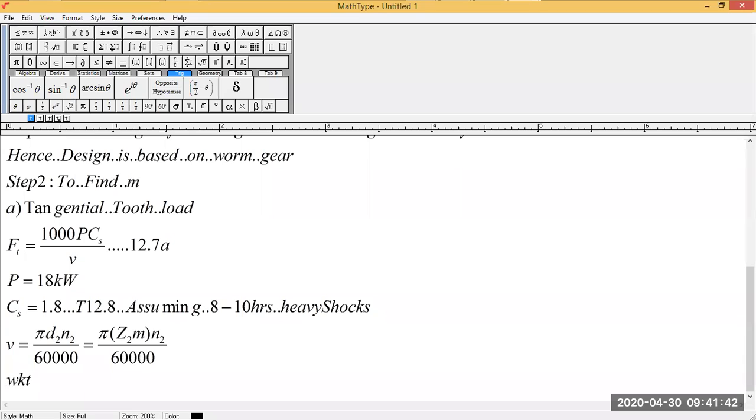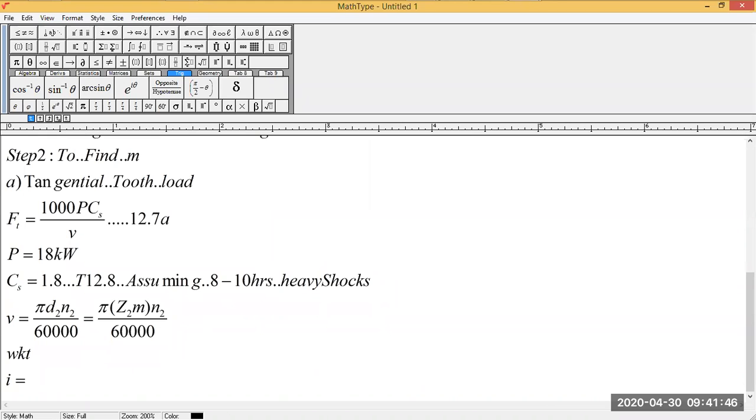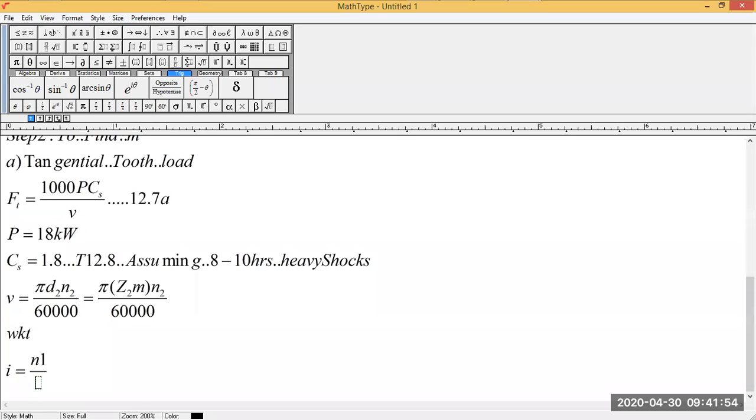Also, we know that I, which is the velocity ratio, is N1 over N2, which is also Z2 over Z1, the number of teeth on the worm wheel and the worm.